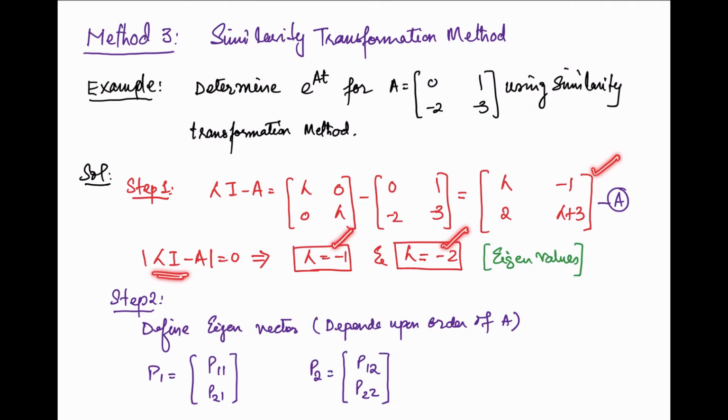These are the eigenvalues of the system, representing the closed loop poles of your system. Eigenvalues are the closed loop poles. So in this first step, we are going to determine the eigenvalues, right?